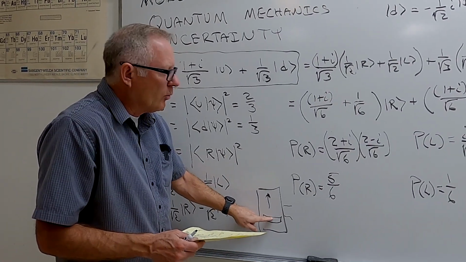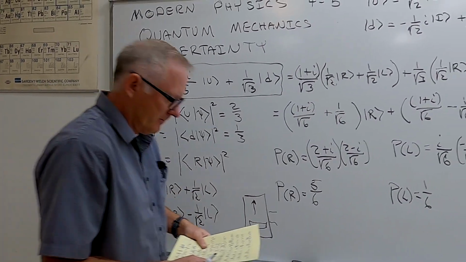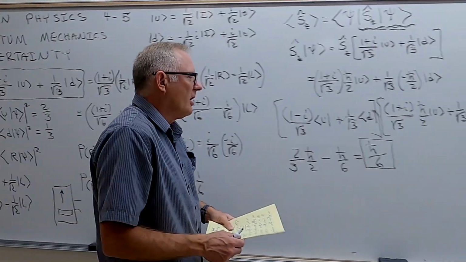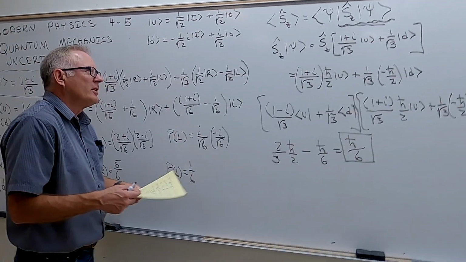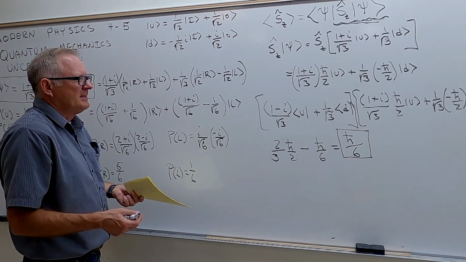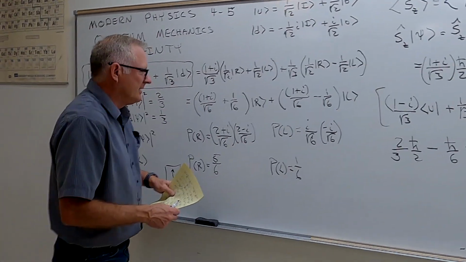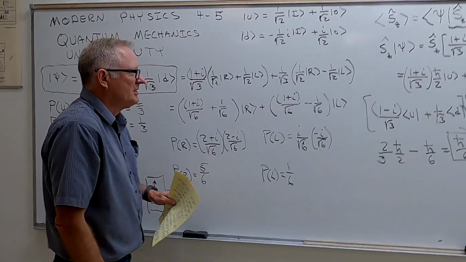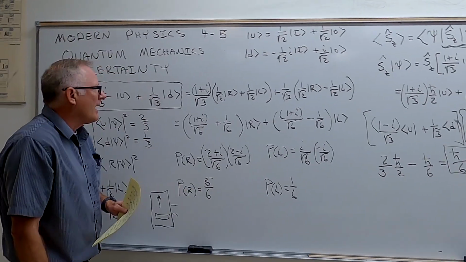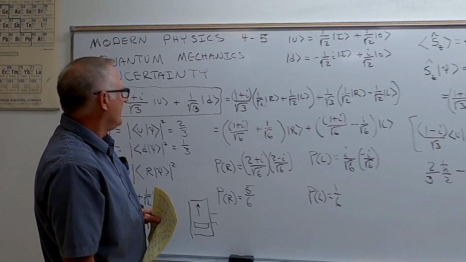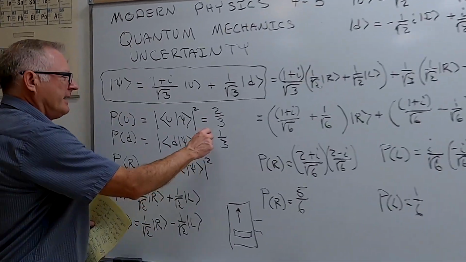Every time I get a 1, that's really an h bar over 2. Okay. And again, if we really wanted to do it a little bit easier, we could have just said the average is just the probability that you get an up. Where's our probability of up? Which is right here.